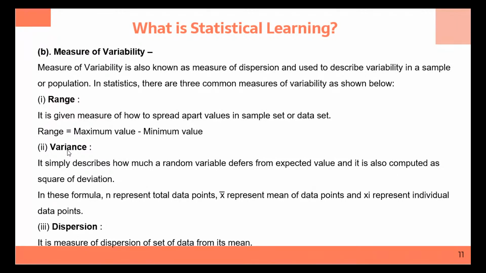In this formula, n represents the total data points, x bar represents the mean or mu of the data points, and x_i represents the individual data points. That's how this formula will show you the standard deviation, and you can square it. I hope we are clear with the calculation and the program.